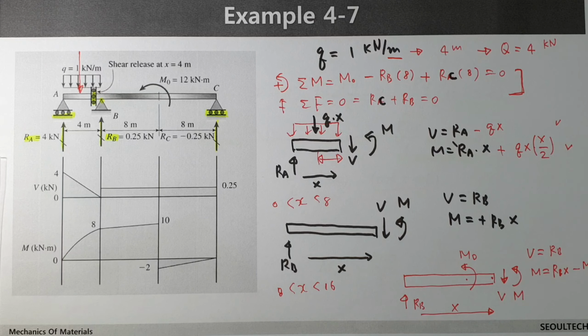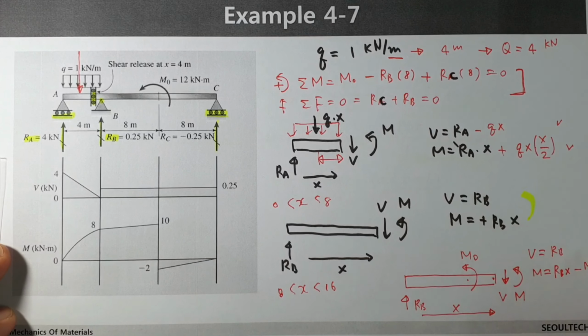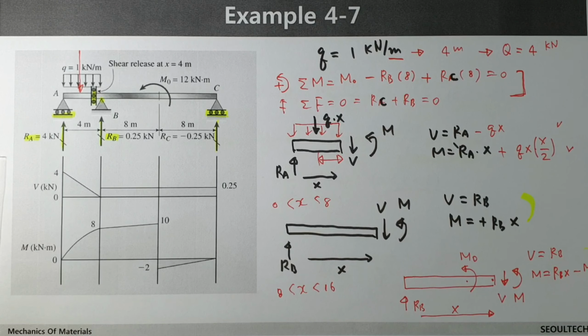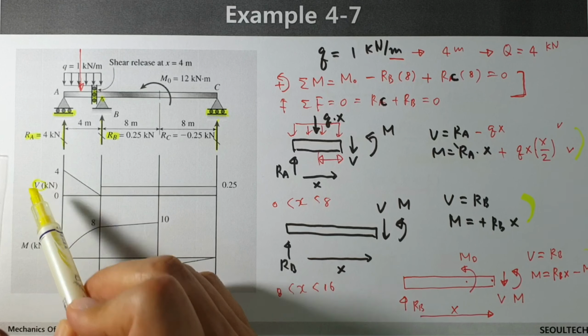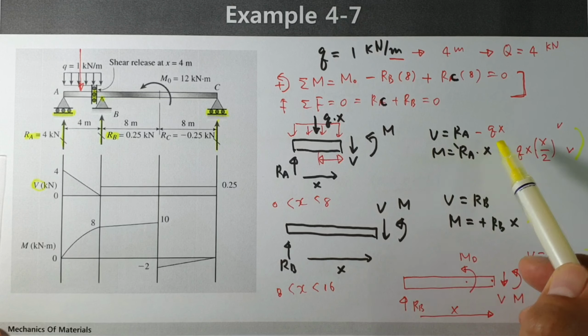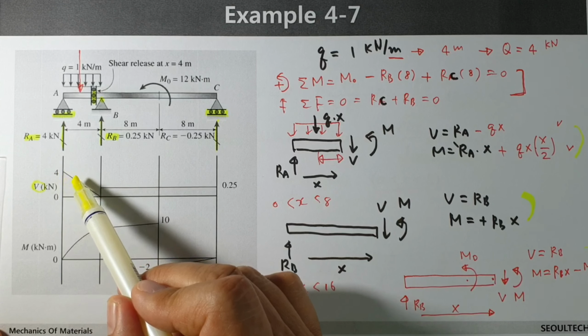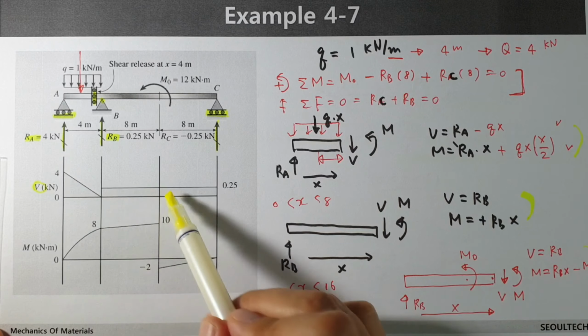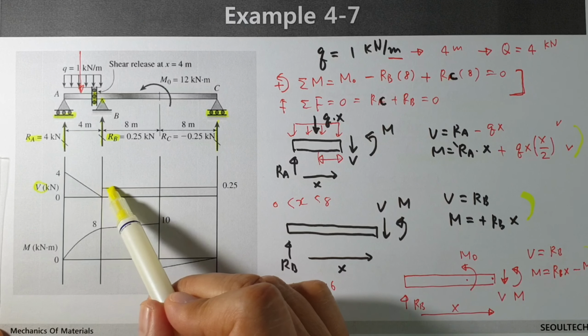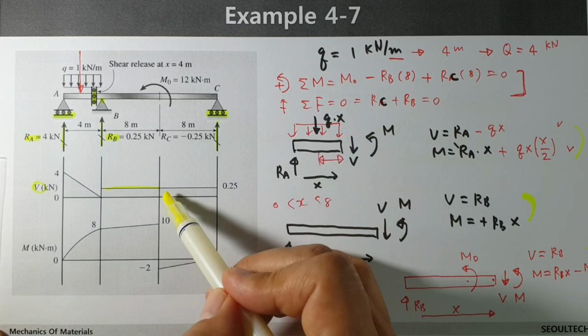Okay, now let's plot the conclusion, both conclusions. Oh, this one as well. Okay, when you consider shear force, in this range, RA minus QX is linearly decreased, and in this range, Alp is considered like this one here as well.